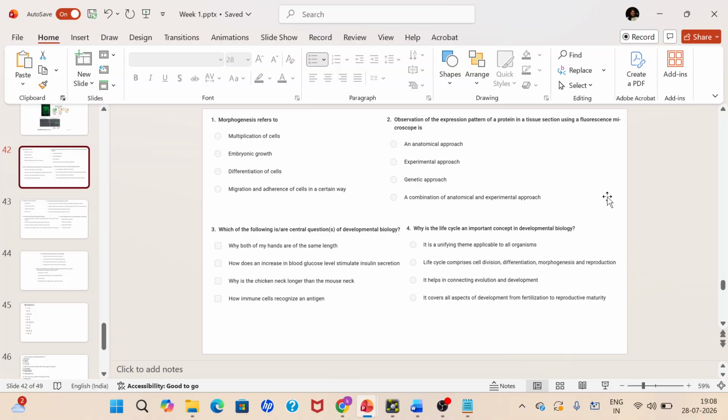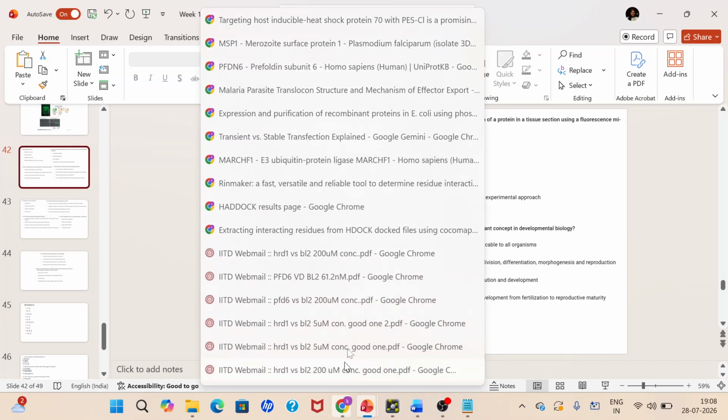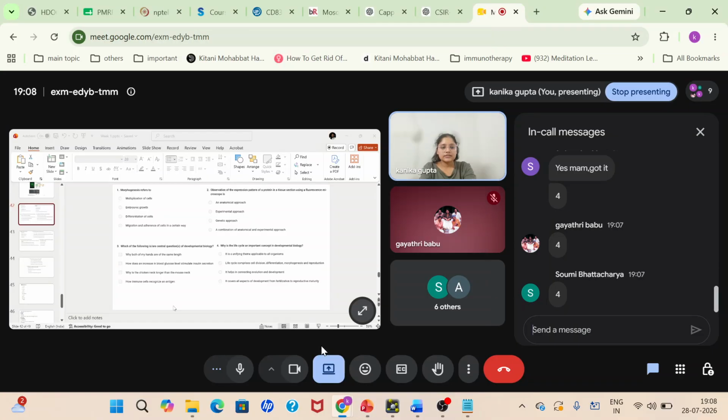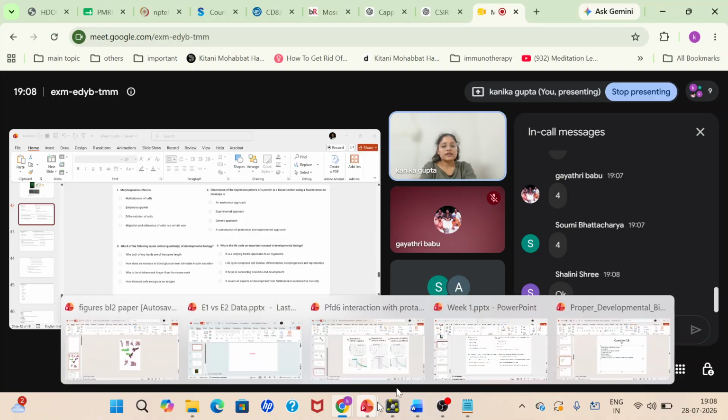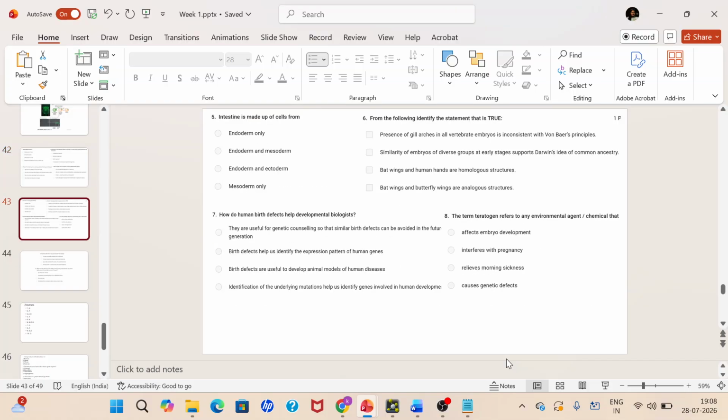If we are trying to understand the life cycle, then we are trying to understand the development of all of the organisms. Okay, so the answer for question number four is A, not B. Got it? Perfect. Let's move towards the next set of questions.